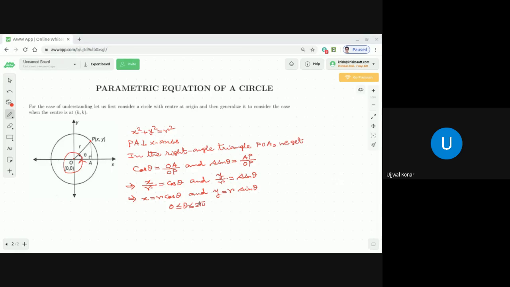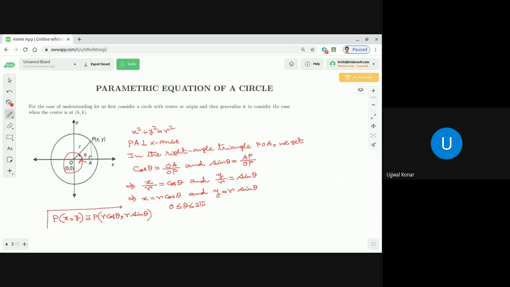So what we see, dear students? The coordinate of the point, which was x comma y, now becomes P with x equal to r cos theta, comma, r sin theta.